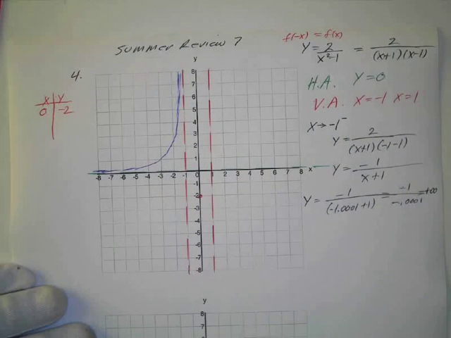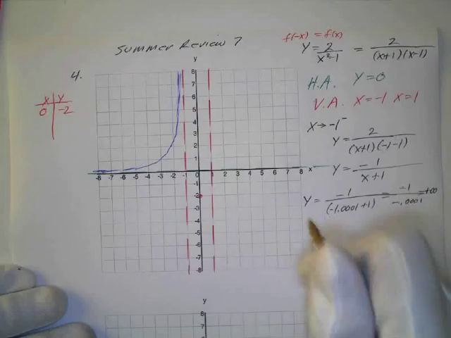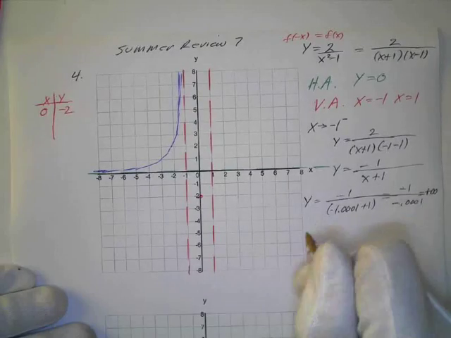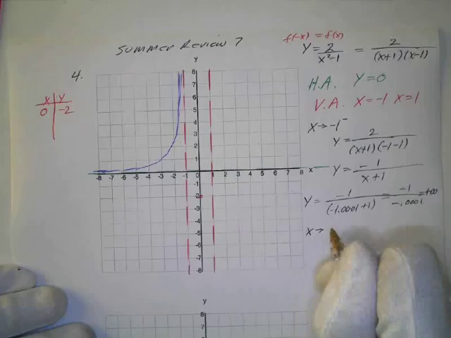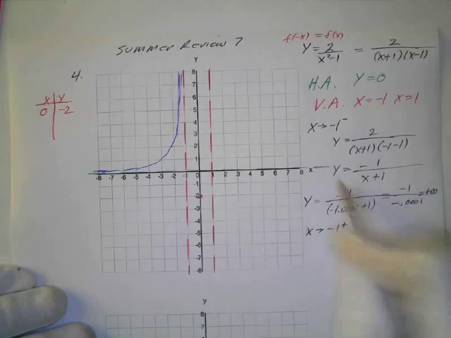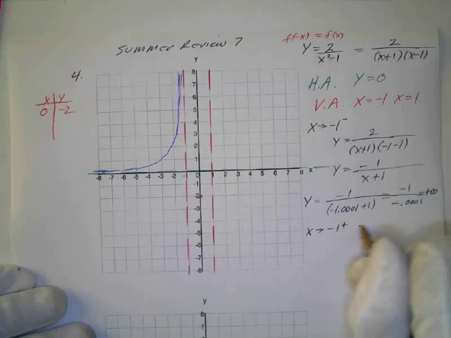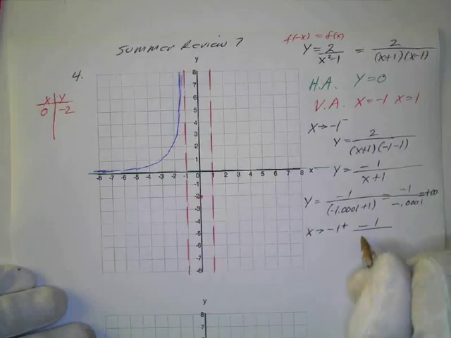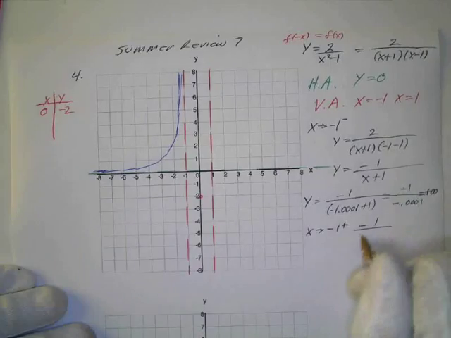So let's see as x approaches negative 1 from the positive direction, excuse me, so x approaches negative 1 from the right. And again, we can use this form over here. So that's going to be negative 1 all over x plus 1.